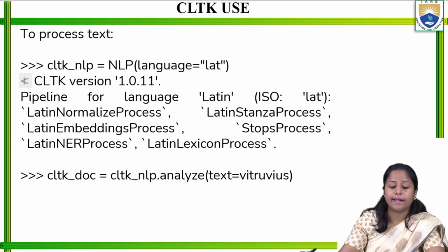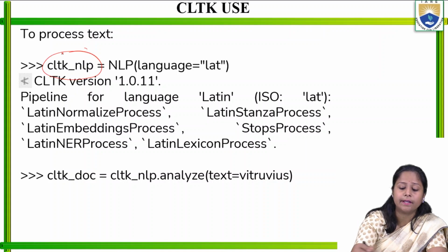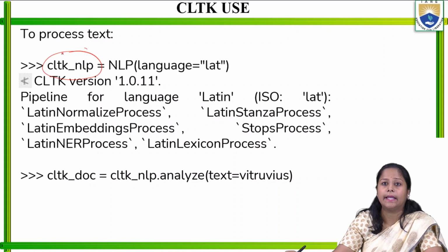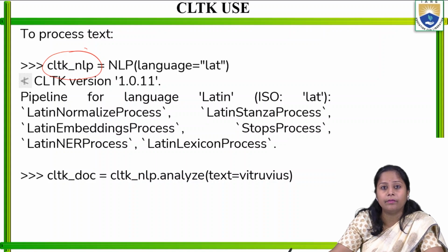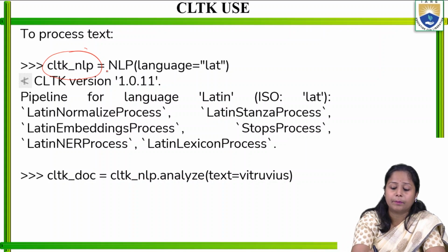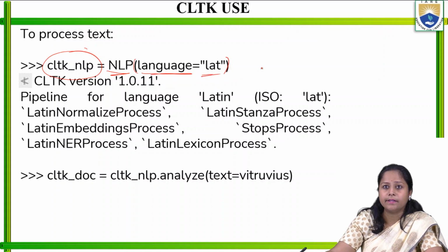In the next line, again I will create a cltk_nlp object. In that I am going to tell it that it is the Latin language. So in the capital NLP function I will write language equal to, in double quotes, "lat", that is Latin.